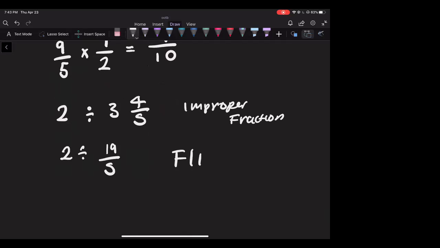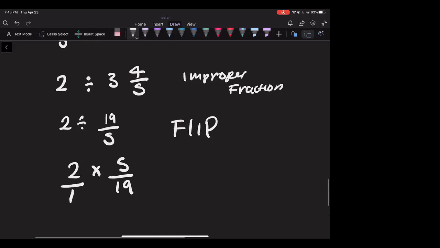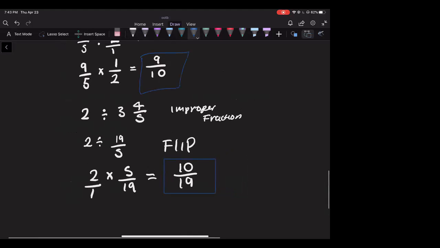Now we flip. 2 times 5 over 19. You can just put a 1 underneath so it's easier. And your answer is 10 over 19. Does that make sense?